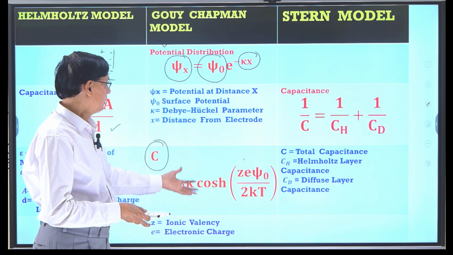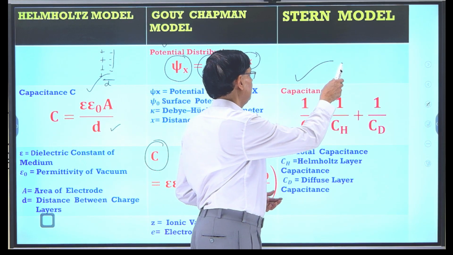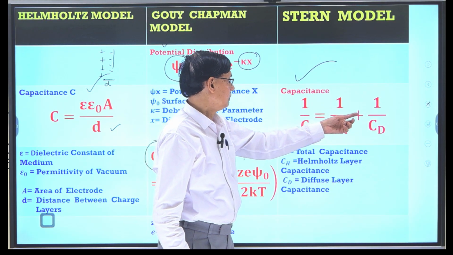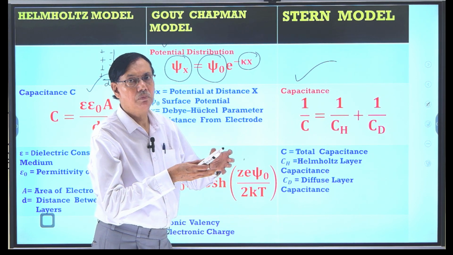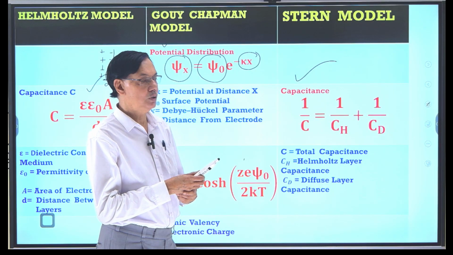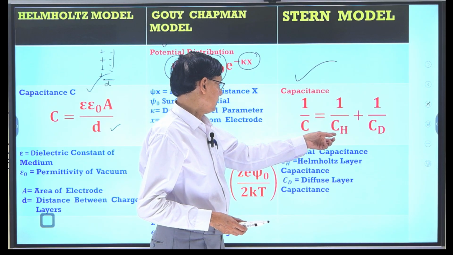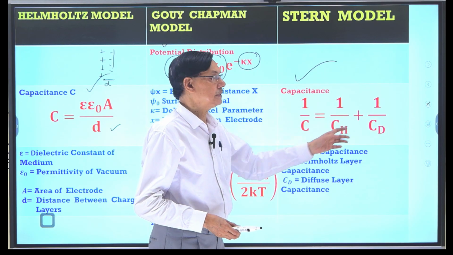So there are two formulas. And the last formula, that the Stern model, is not at all difficult. 1 by C is equal to 1 by C_H plus 1 by C_D. Because here we are taking two models, C_H is the total capacitance for the Helmholtz model, and C_D is the diffuse layer capacitance.